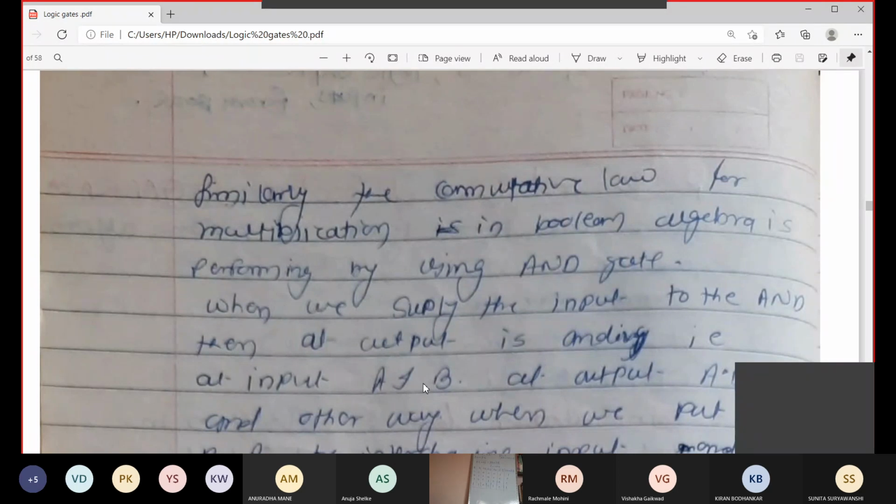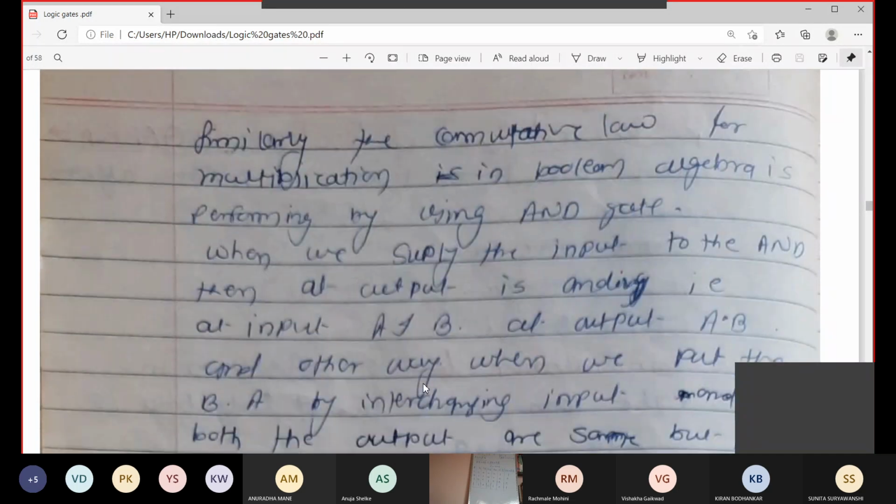Then when we supply input to the AND gate, at the output we get the AND of the given inputs. When a and b are supplied, at the output we get a dot b, that is a and b.